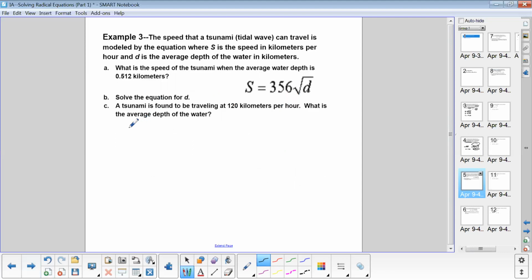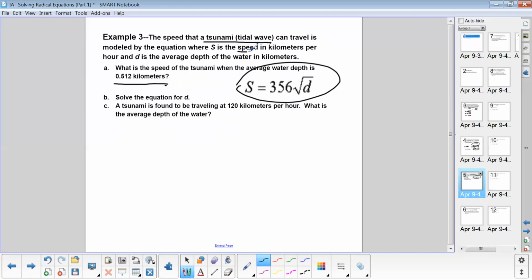Third example, we're thinking about a tsunami. Tidal wave can be modeled by this equation. And it says, well, if the speed is 356 times the square root of d, speed is equal to 356 coefficient times square root of d. Well, part A says, well, what's the speed if the tsunami has a water depth of 512 thousandths of a kilometer?